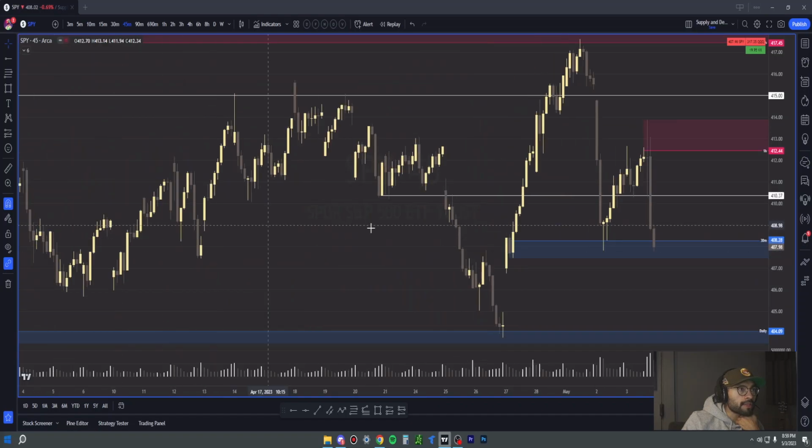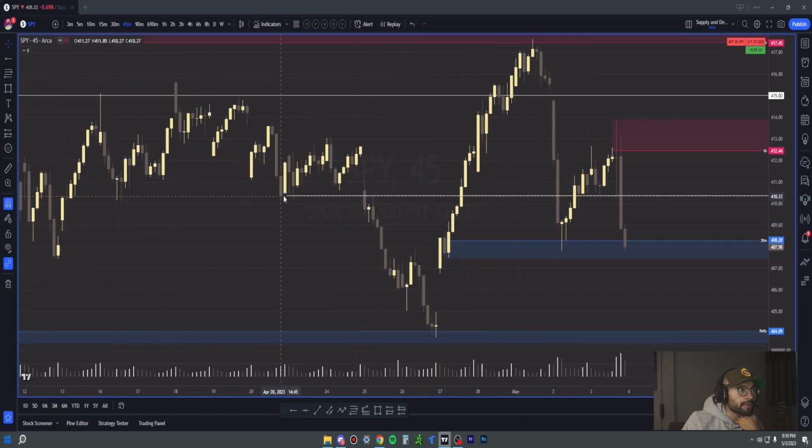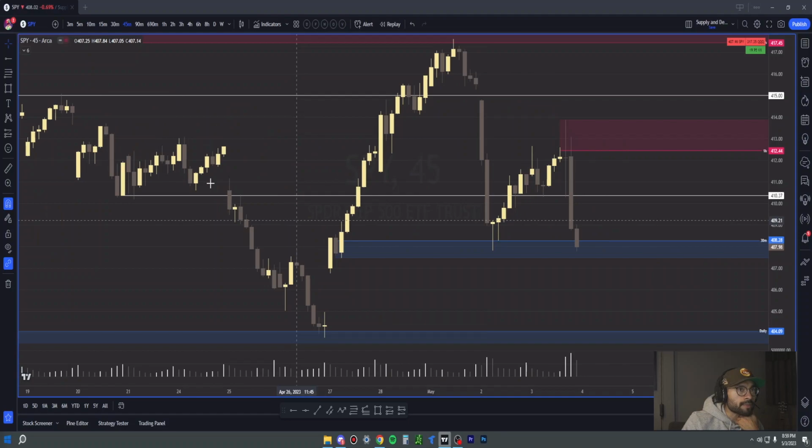Yeah, I would say 410.30. You can see price has just been reacting to that level so many times. So 410.30, 35, something around there. The fact that you have all these wicks just trying to protect that area, definitely keep that level on watch. 410.30, 32, 35. But the biggest thing I'd be watching out for is that supply up at 412.44.